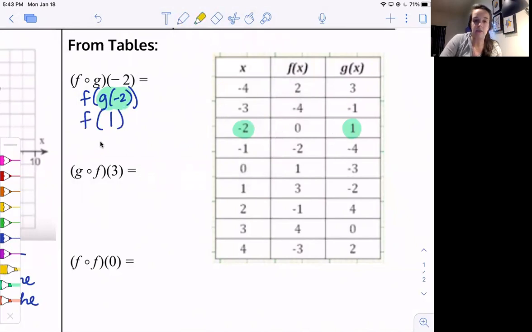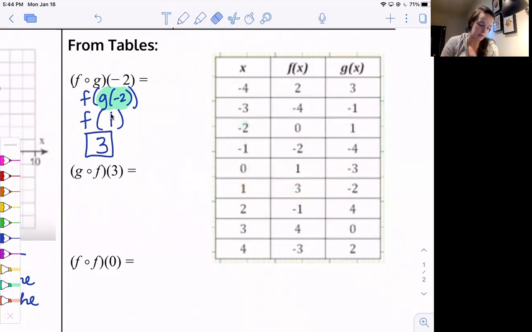Now I need to find f of 1. So when the x value is +1, what is f at? F is at 3. So I would say that this equals 3. So we're using both tables here in order to find our answer.